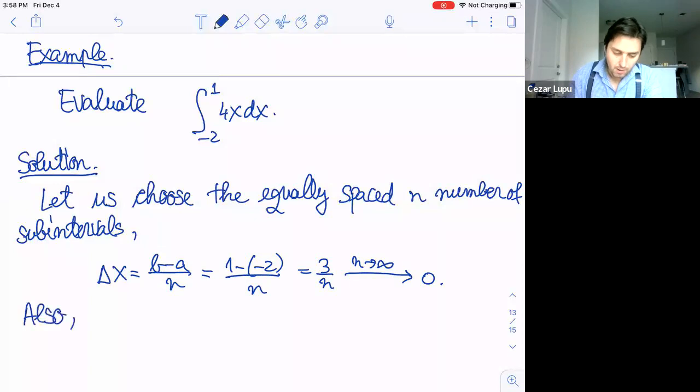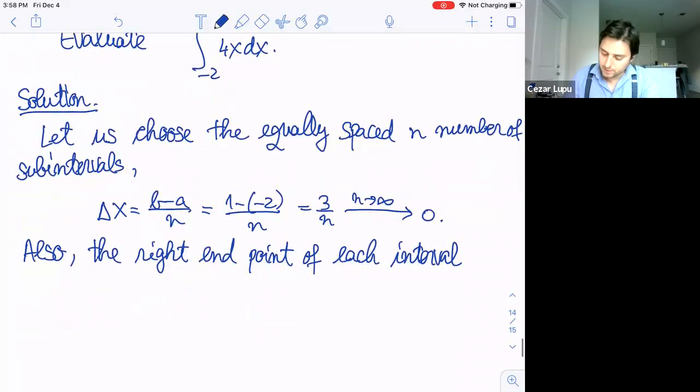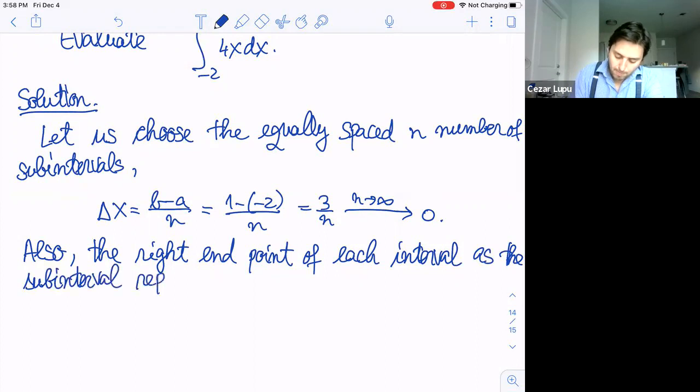Also, the right endpoint of each subinterval, as the subinterval representative, is given by xk star.